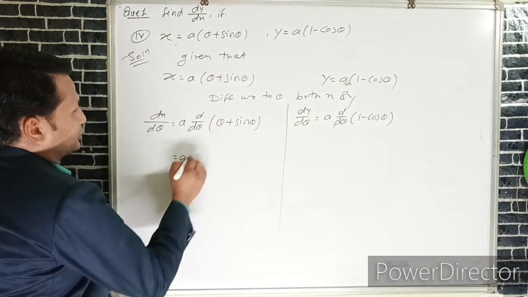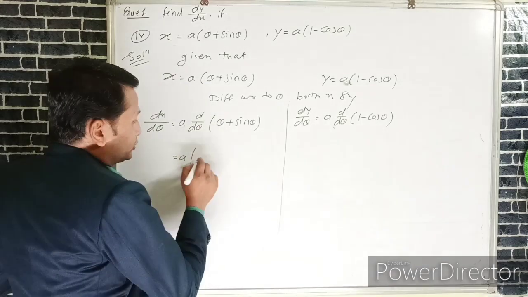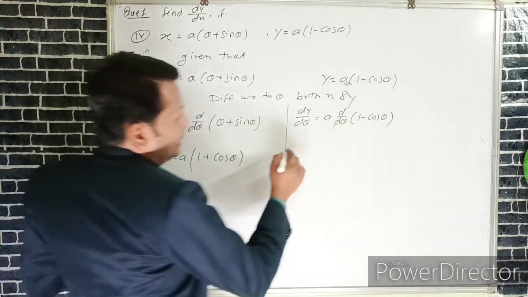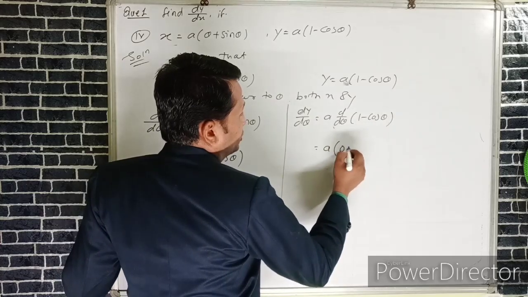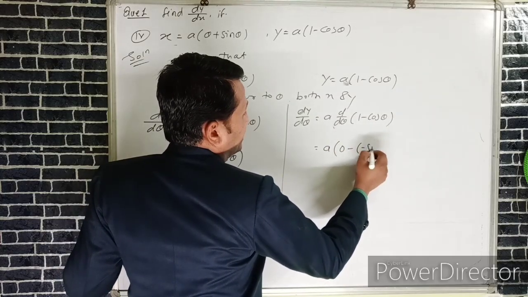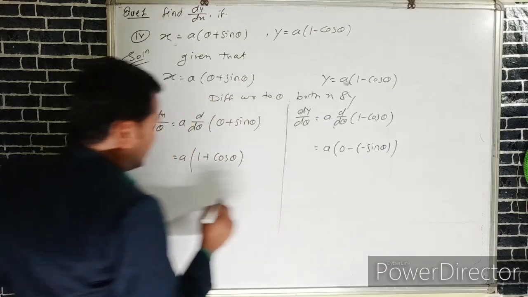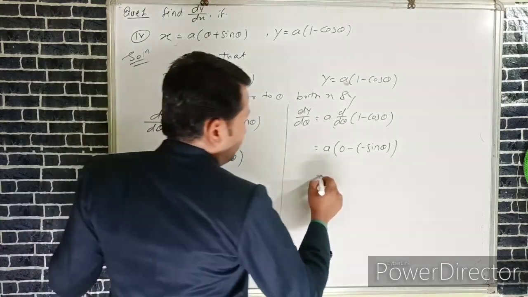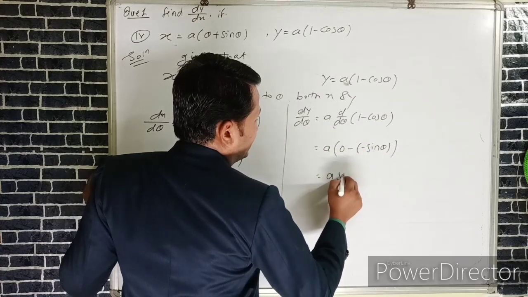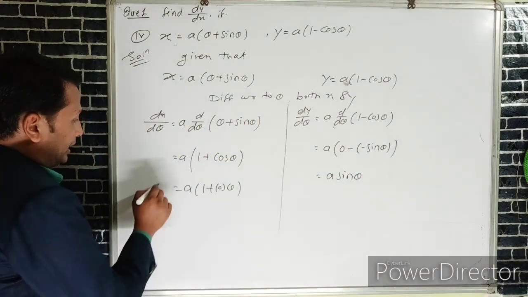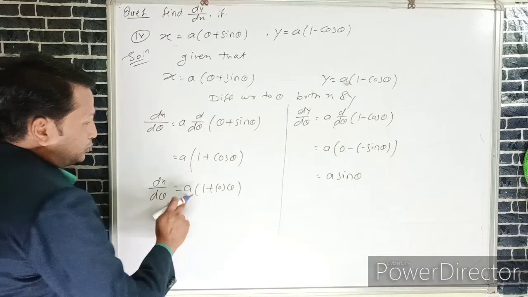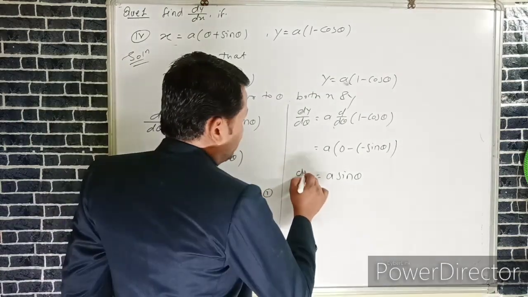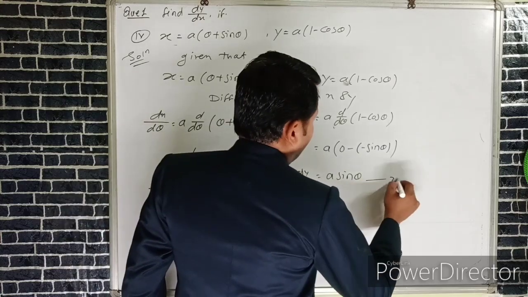Now here a is constant, the derivative of theta is 1 plus the derivative of sin theta is cos theta. Again we can write a into the derivative of 1 is 0, the derivative of cos theta is minus sin theta, so plus a sin theta. We get here dx upon d theta is equals to a in bracket 1 plus cos theta, and dy by d theta is equals to a into sin theta.